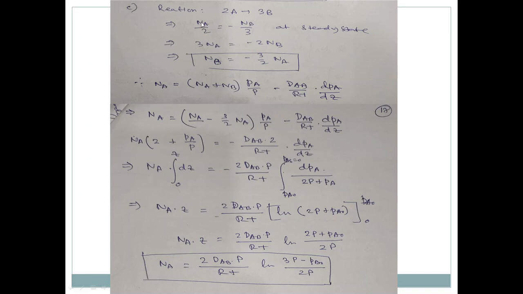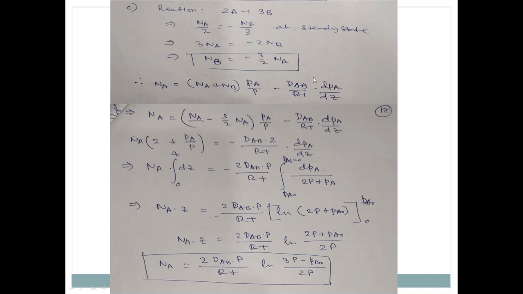Whatever the flux, by its stoichiometry NB is negative, because NA and NB are counter diffusion. So NA equals 2n, NB equals minus 3n, or NB equal to minus 3 by 2 NA. So now I will put this NB equal to minus 3 by 2 NA in this equation.